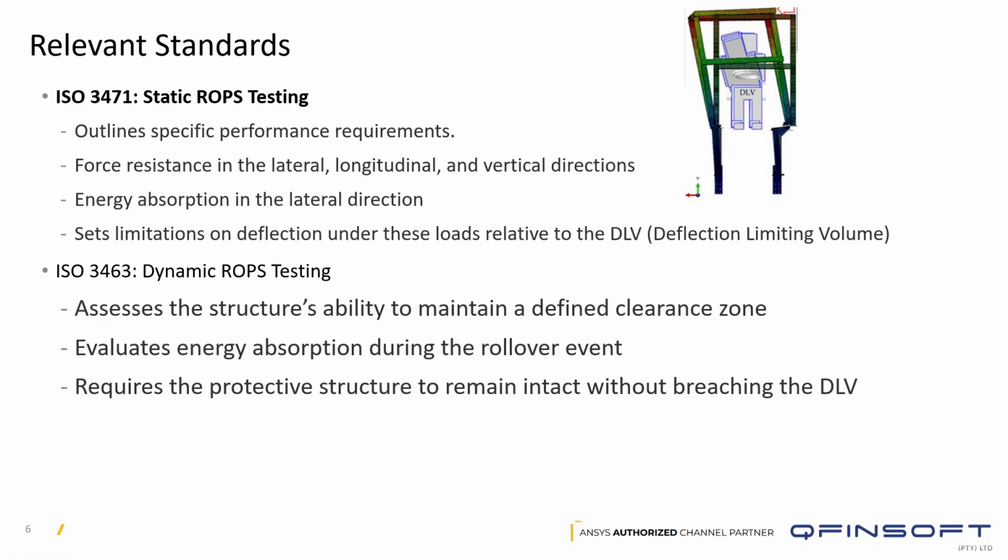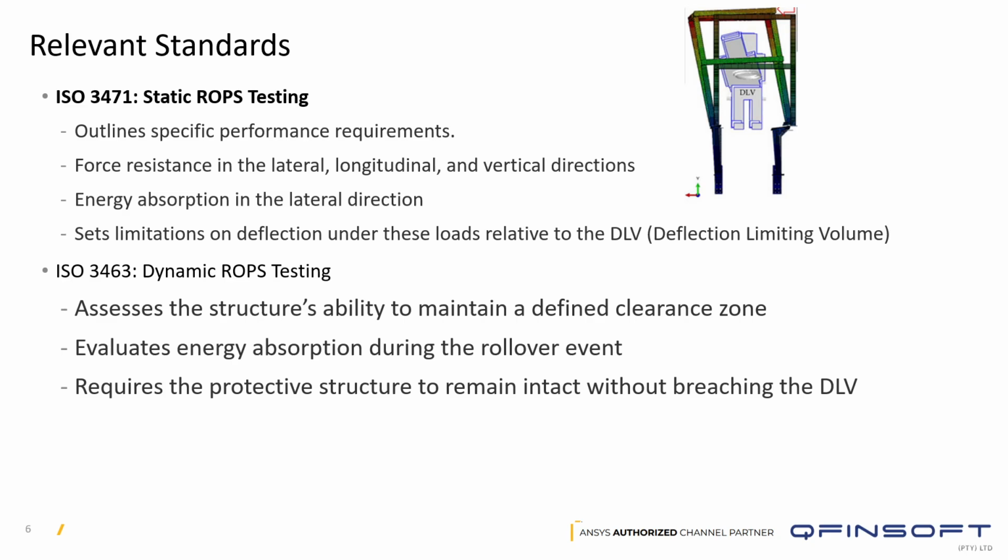Okay, and then this just quickly shows a slide going into more detail over those relevant standards. We can see for 3471, this outlines specific performance requirements, such as how much energy the structure has to absorb during a rollover situation, and then the sequence of how the test gets conducted, of how the forces get applied, and how much force needs to be applied during the testing in the three different directions, which is lateral, longitudinal, and then a vertical case from the top.